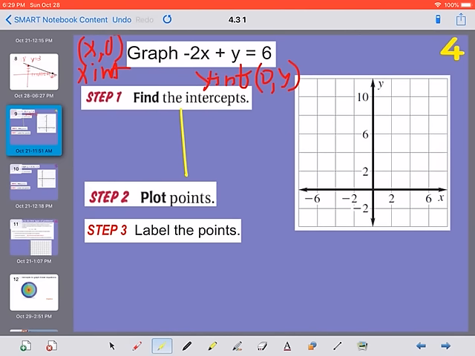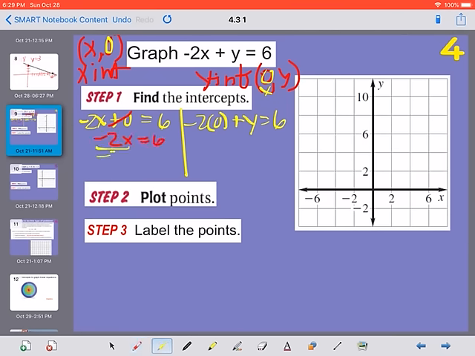So we have first when y is 0. So we have negative 2x plus 0 equal to 6. And over here, when x is 0, negative 2 times 0 plus y equals 6. So the plus 0 really doesn't do anything. So we really have negative 2x equal to 6.